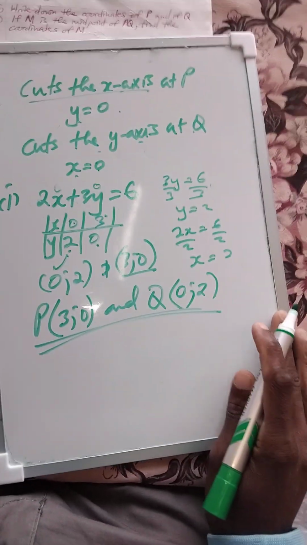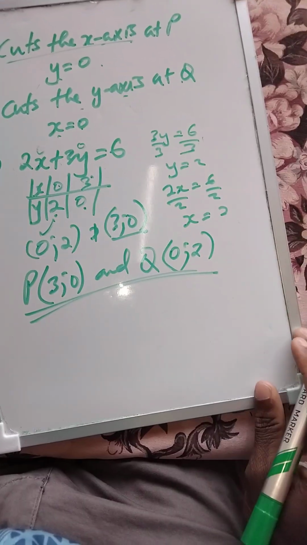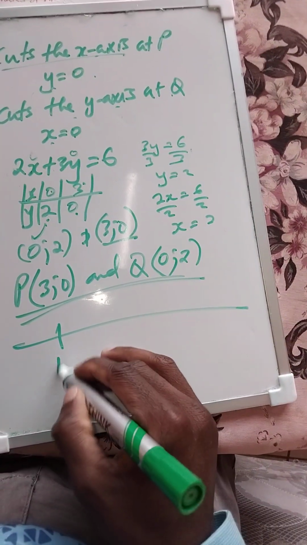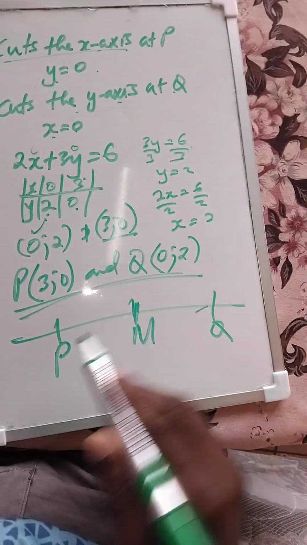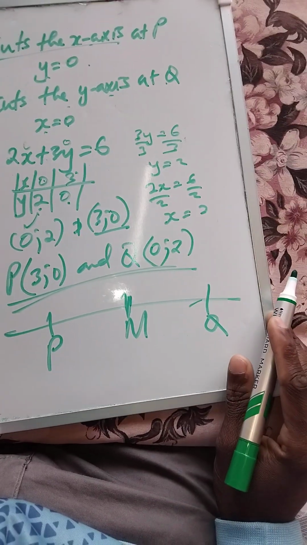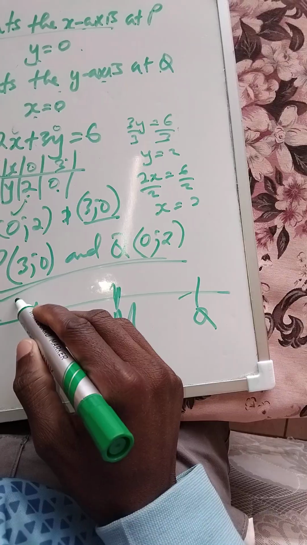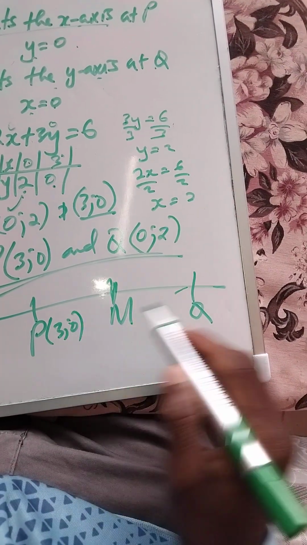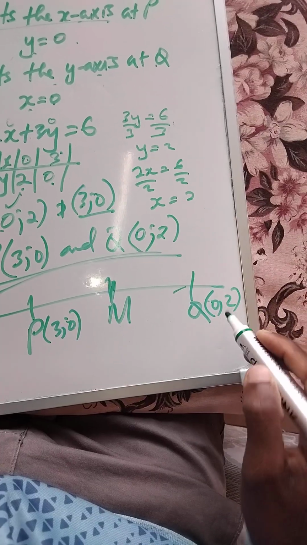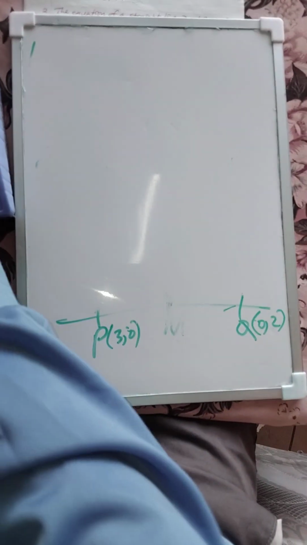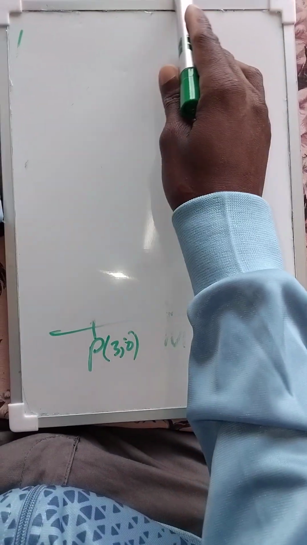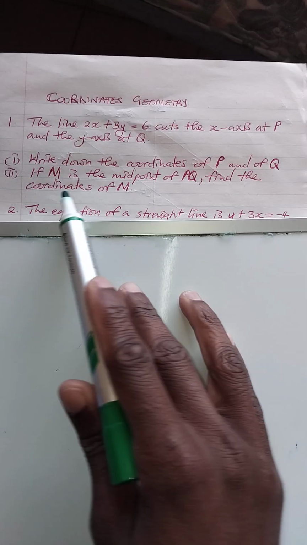So if m is the midpoint of pq, this m is the midpoint, half of pq. This is p (3, 0), and this is q (0, 2). How to find the midpoint? Find the coordinates of m.